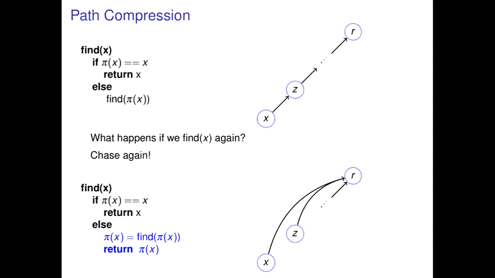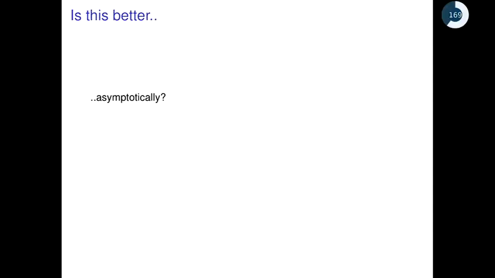Okay? Is that clear? That's path compression. Do you see why it's called path compression? See, there's a path, and you see it's compressed? This path for x used to be this long thing, and now it's compressed. Right? To 1.